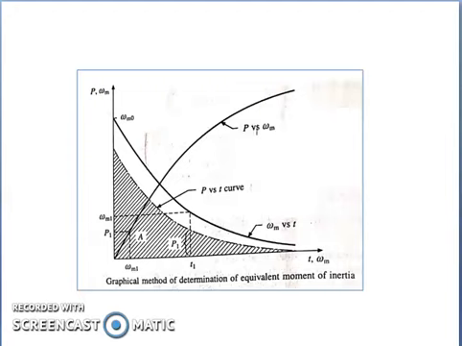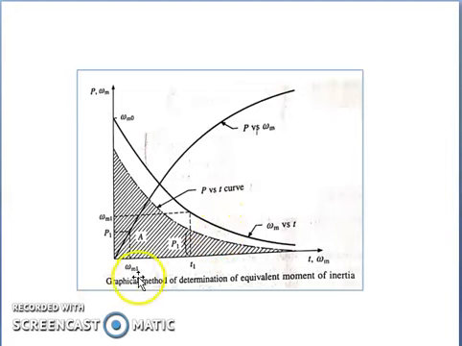Now using these two plots, the rotational losses versus time plot can be obtained. So first we have drawn the power versus speed, then speed versus time, then the power losses versus time. These three are drawn.